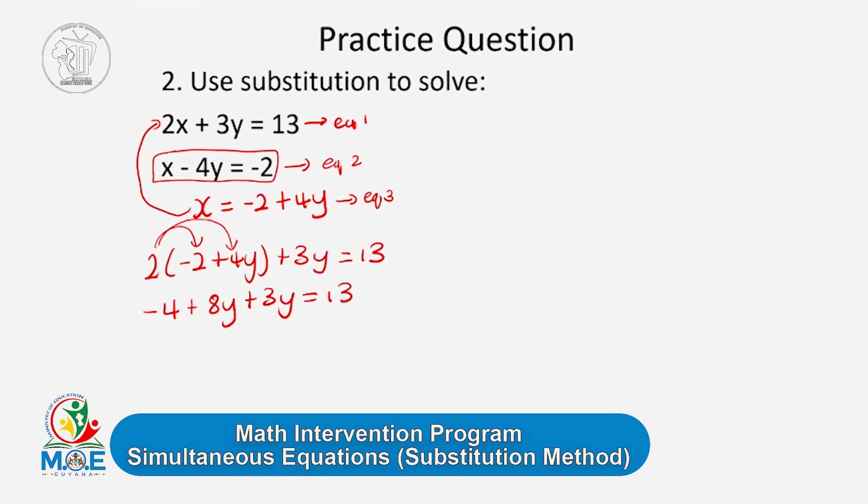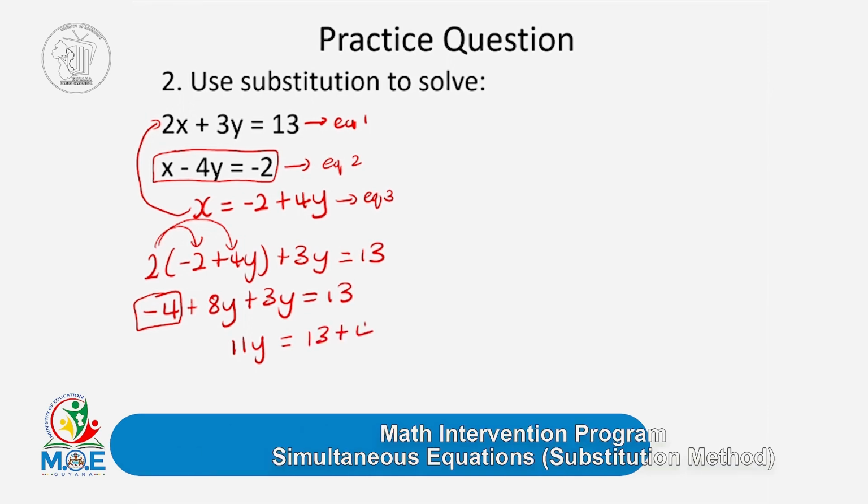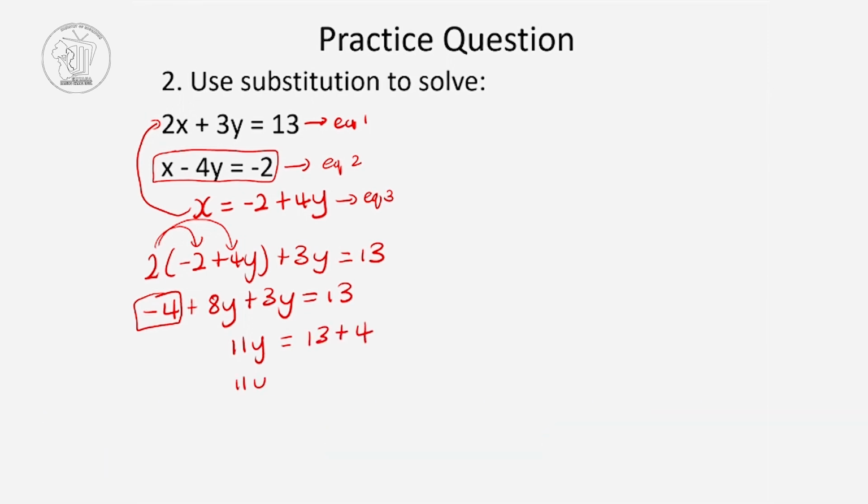We simplify: 8y plus 3y gives 11y, which is equal to, when we take the minus 4 off it becomes 13 plus 4. So 11y is equal to 17.